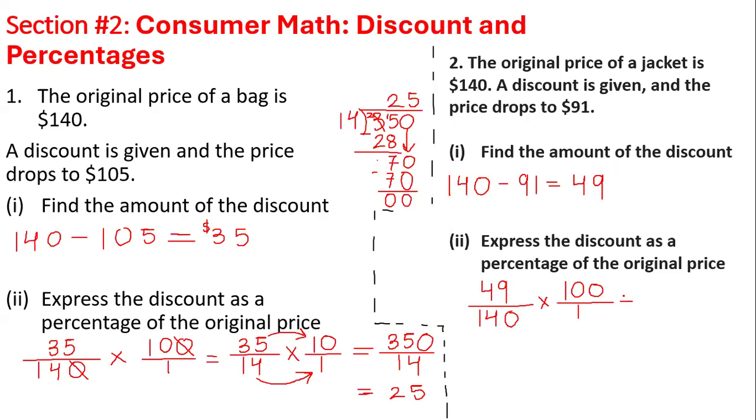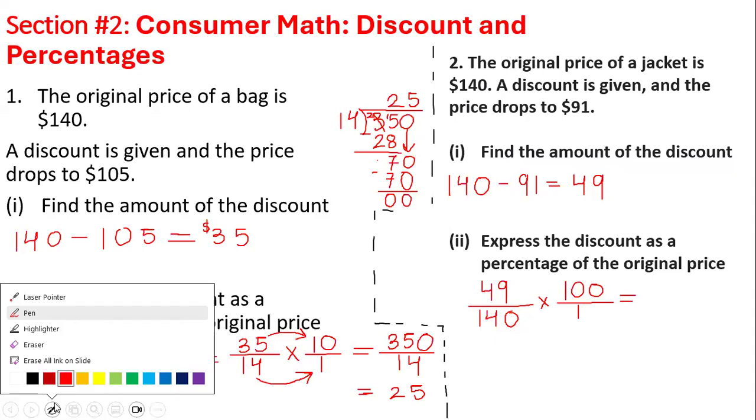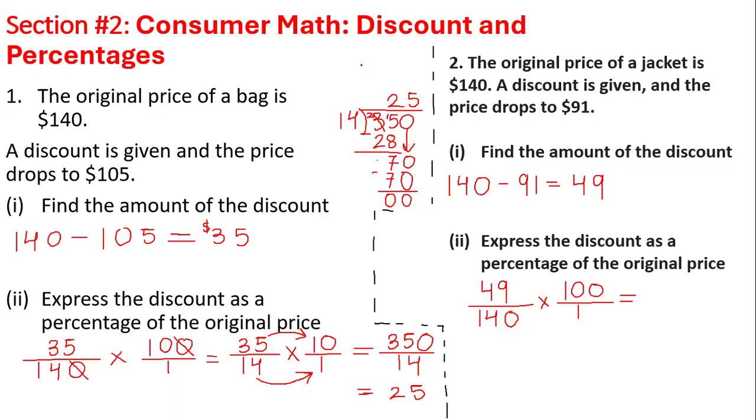It's going to be equal to, what are we going to do now? Cancel out the zeros. We cancel out this 0 with that 0, and we are left with 49 over 14 multiplied by 10 over 1. Very good.